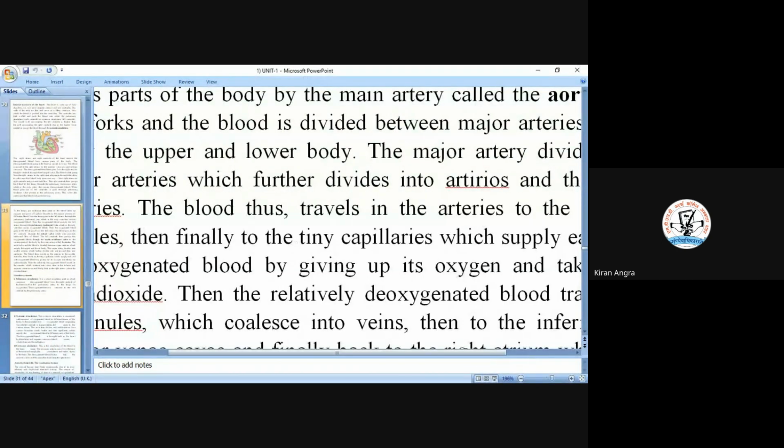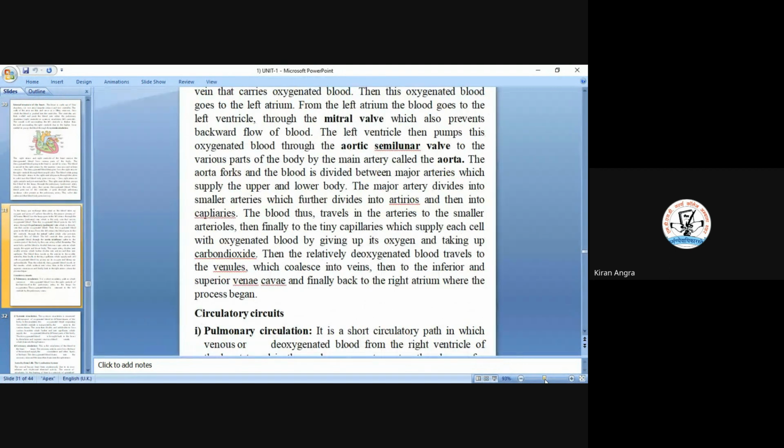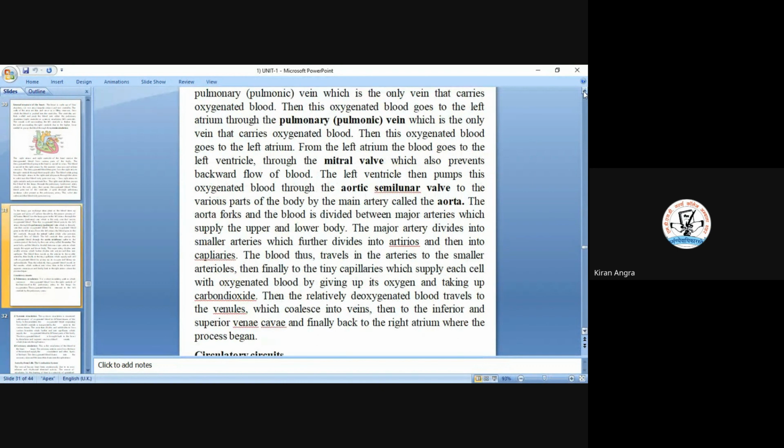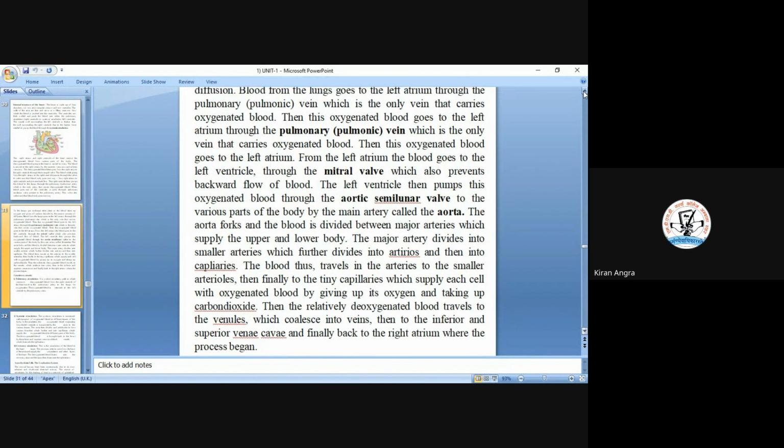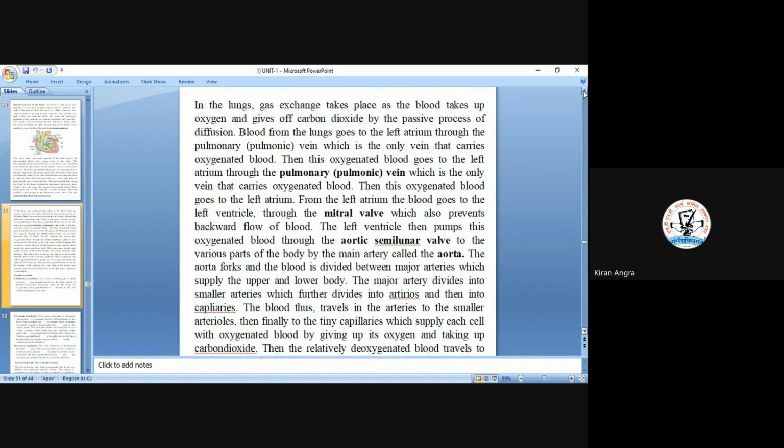The deoxygenated blood travels to the venules, which then join together to form the veins, and then the lower portion forms the inferior vena cava, and the upper portion forms the superior vena cava, and they bring back the blood to the right atrium.